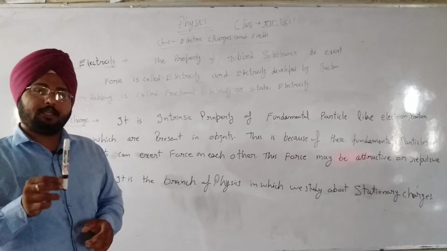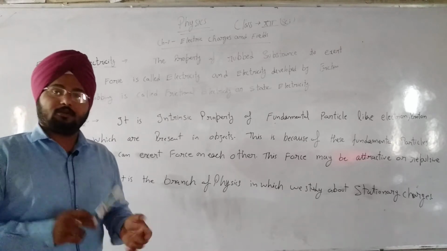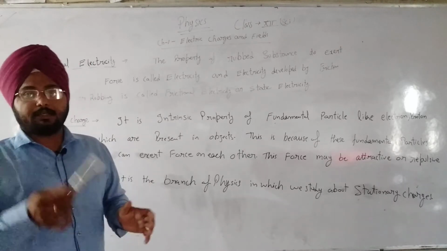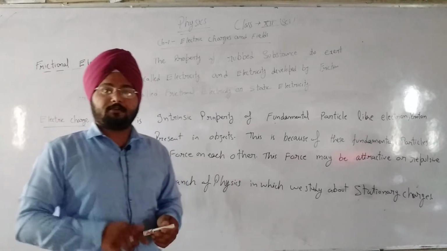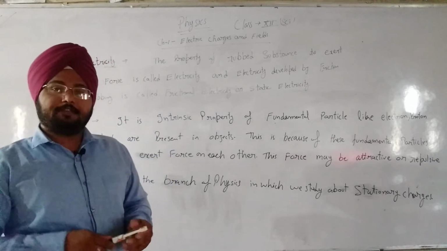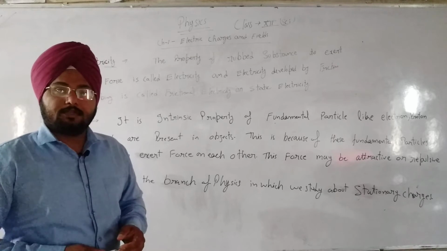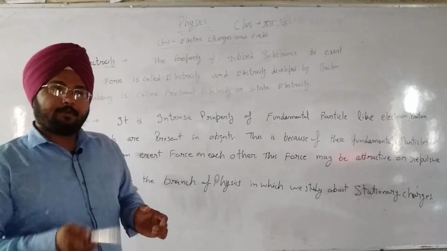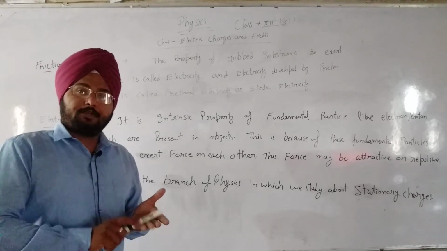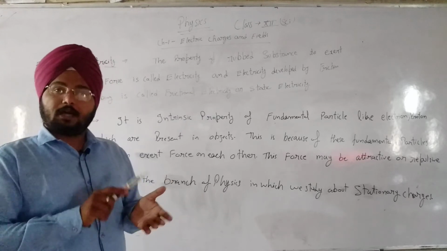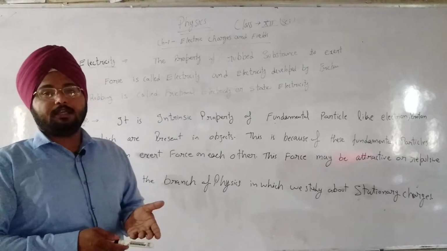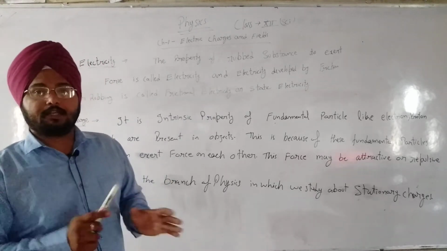Here the property it gains is due to rubbing, because before rubbing it cannot attract those pieces of paper. After rubbing it gains this property. So the property is developed after rubbing, and that's why its name is frictional electricity.